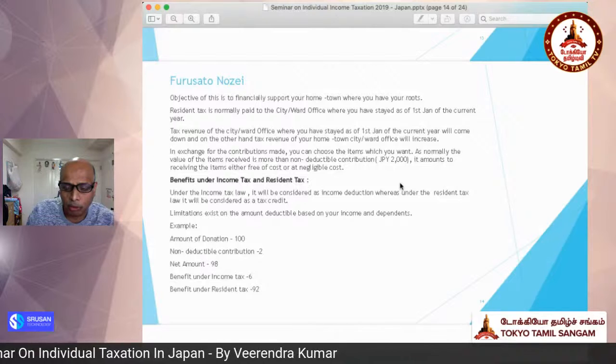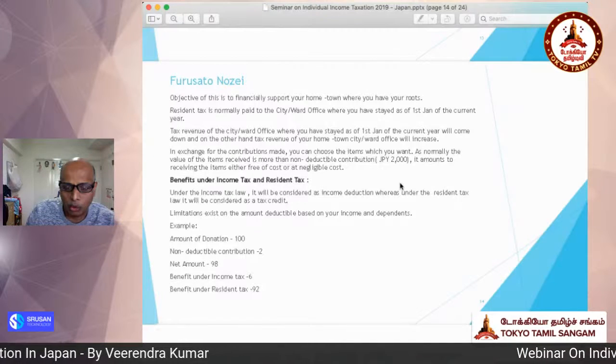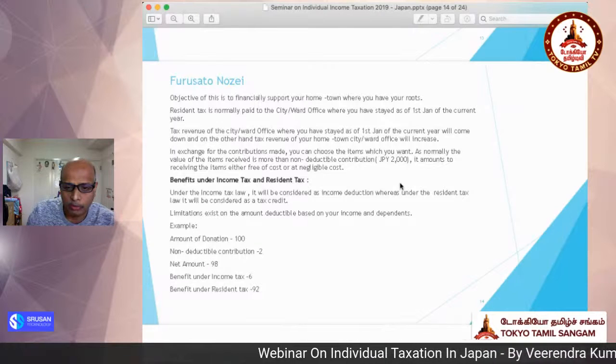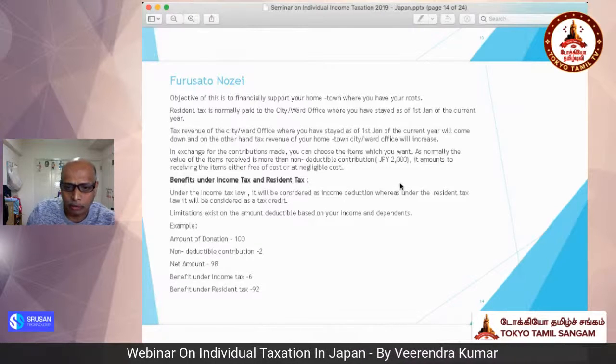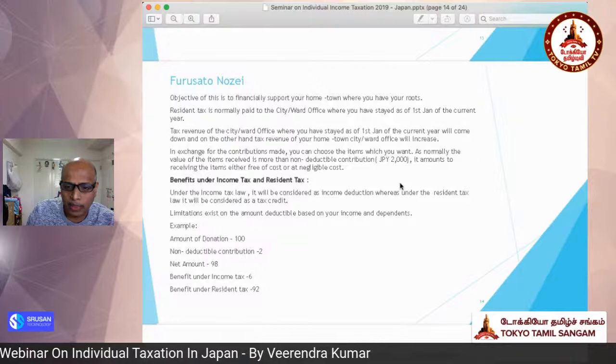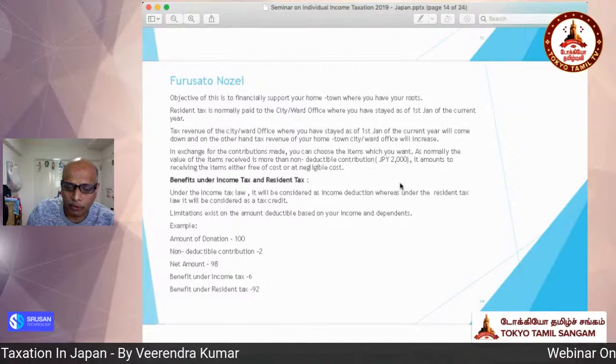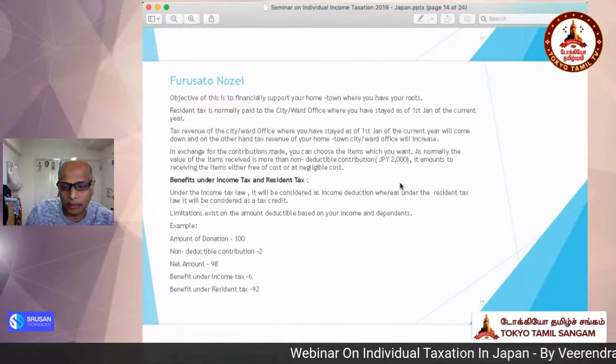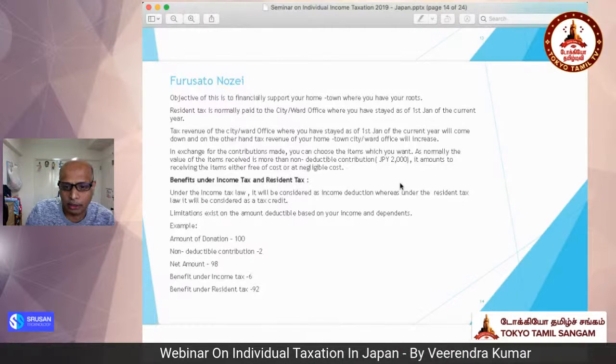By making this donation to any city or ward office, whichever you like, the tax revenue from the ward office where you are staying is getting transferred to the ward office where you are making the donations.